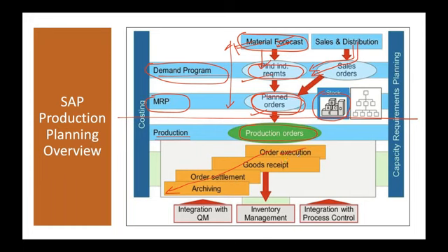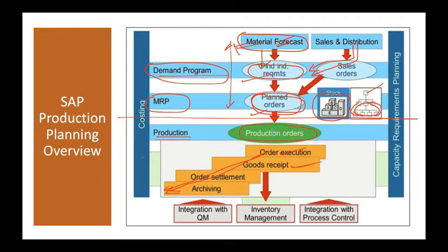To produce a product, they need raw materials, right? These raw materials they take from the warehouse. Once they take the materials, they produce the product, enter all the production information in the system, and finally transfer the manufactured product to the warehouse. Everything we will discuss in the system.